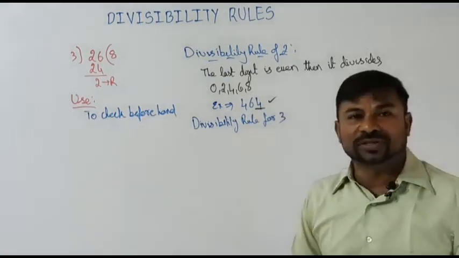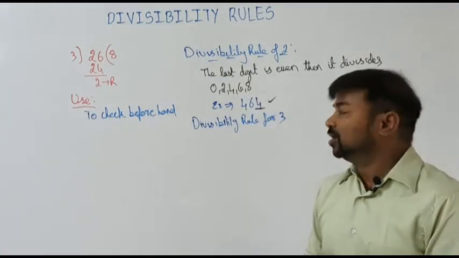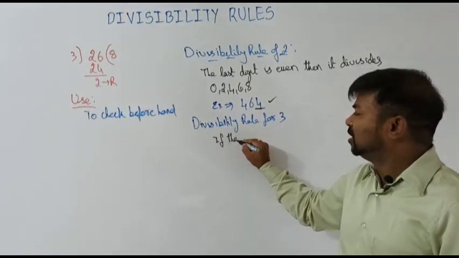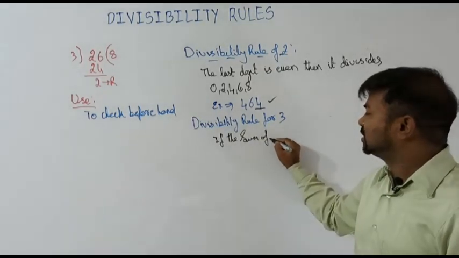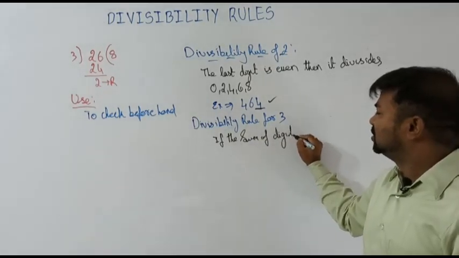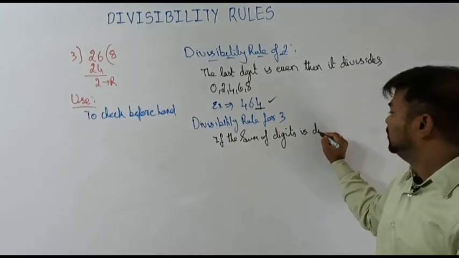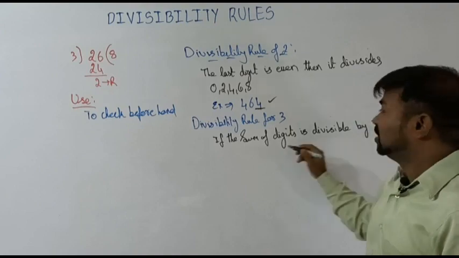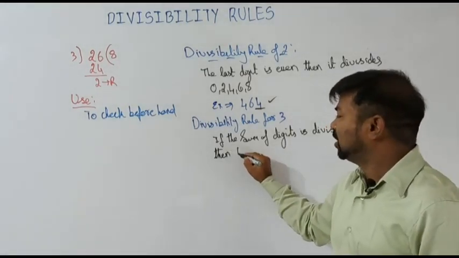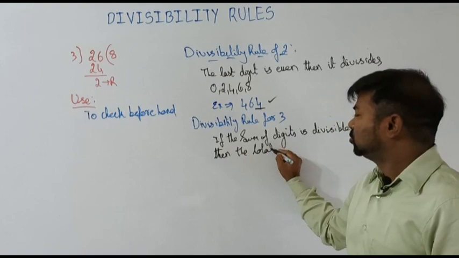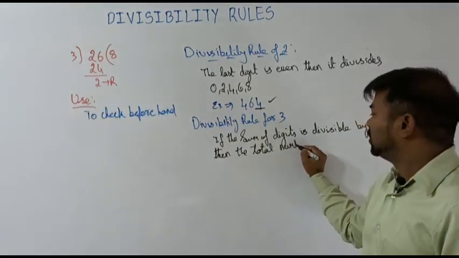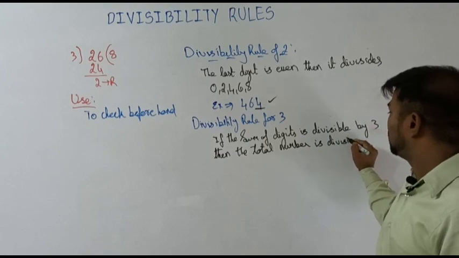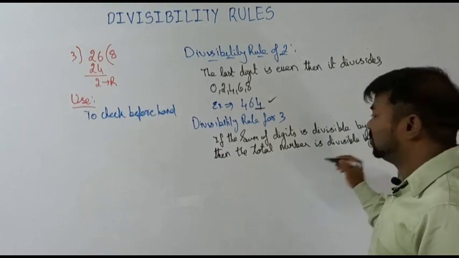For 3, the rule is: if the sum of digits is divisible by 3, then the total number is divisible by 3. This is the rule.